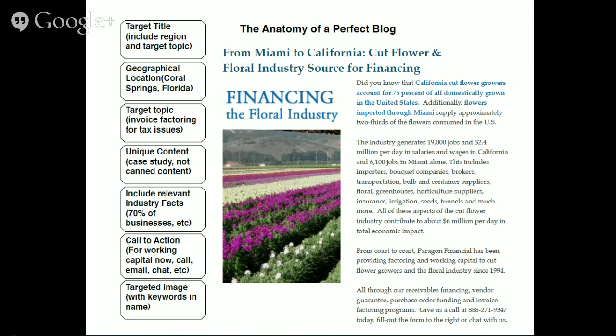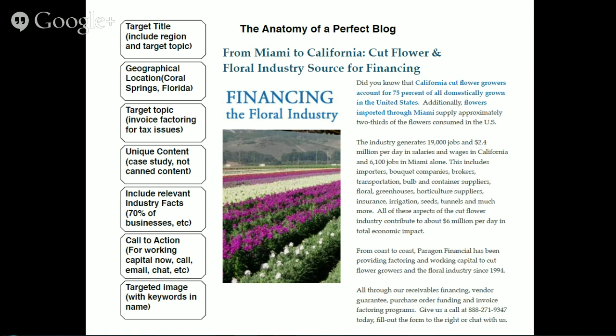And then within the blog itself, you want to do a little bit of research. It doesn't take a whole lot of time, but go find out about whatever you're talking about. Go to an industry association that your blog is associated with and get some facts. Incorporate the facts into your blog and talk about that. Talk about a case study. Talk about something that you've recently been involved with that's unique and different, because there's so much competition out there and so many people writing about these topics.